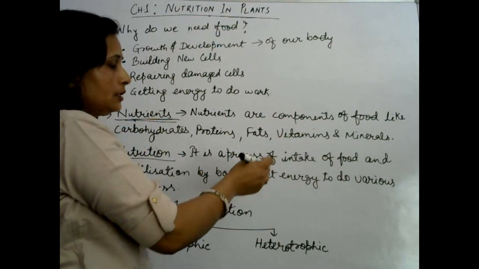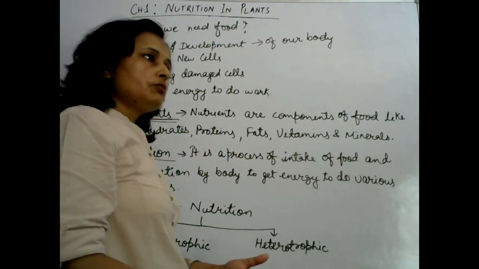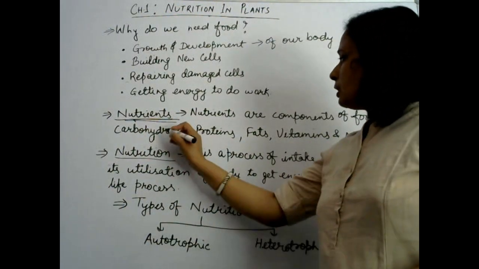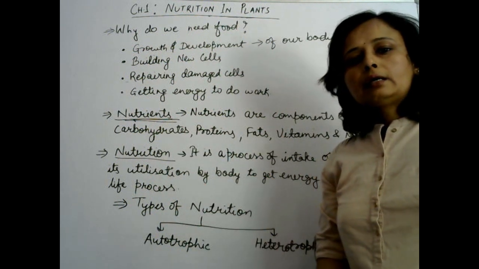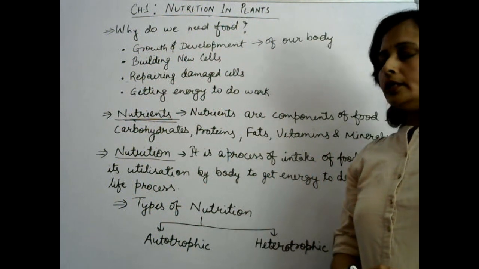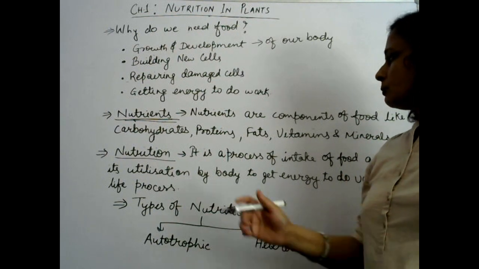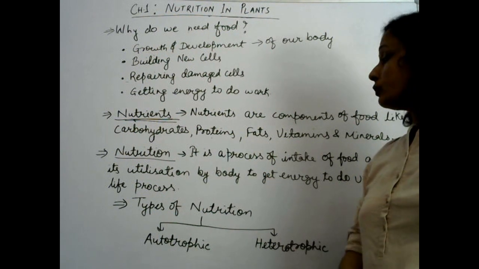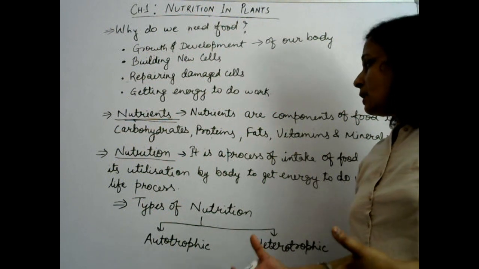Each component, see, what is the first one? Carbohydrate. So carbohydrate is a component of food, a nutrient of food, and each component of food has its own work. Like carbohydrate gives us energy, enables us to do various kinds of work. Protein is the second component or nutrient, and protein makes our muscles.